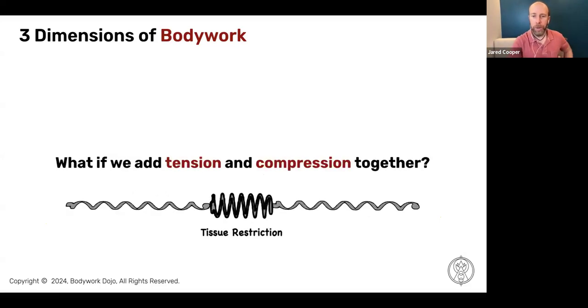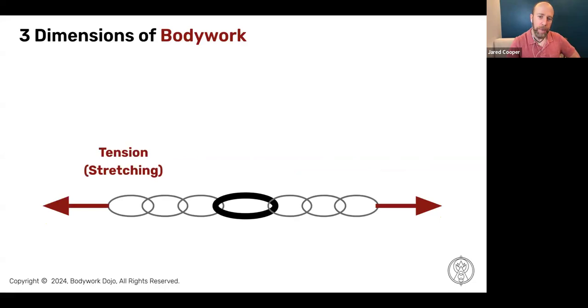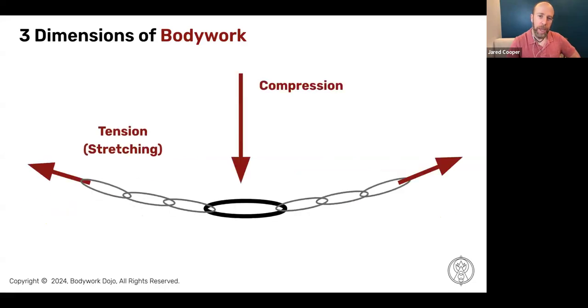Okay, so what if we start combining forces together? So what if we add tension and compression together? So here's our restriction. We put it on tension, and then we add compression. Now what happens?